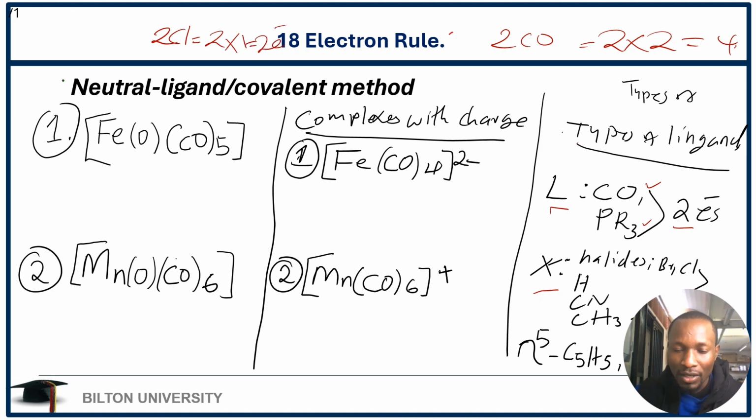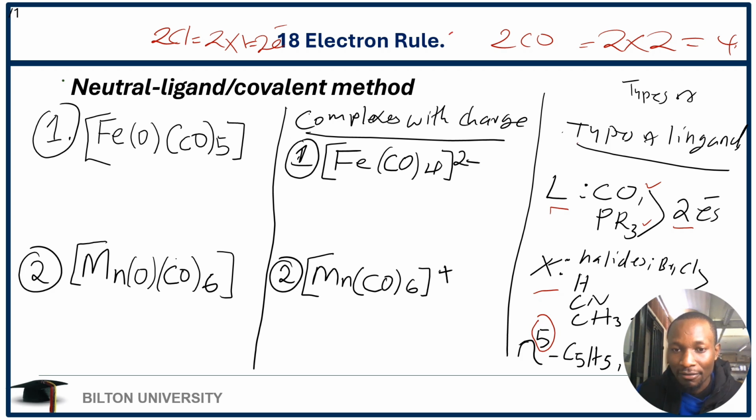Sometimes we can also have the cyclopentadienyl, and we can also have benzene, but in that case, especially in the neutral ligand method, we are going to look at the eta number. We are going to look at the concept of hapticity and the eta number. This number tells us the possible number of atoms the ligand can connect to, or link to, the metal.